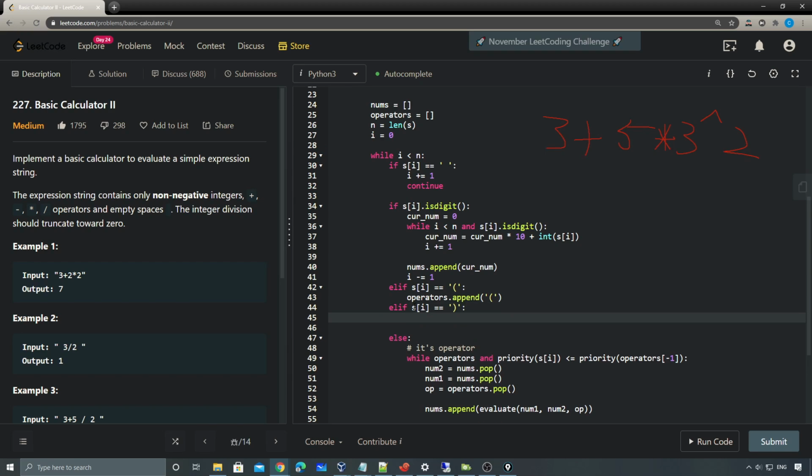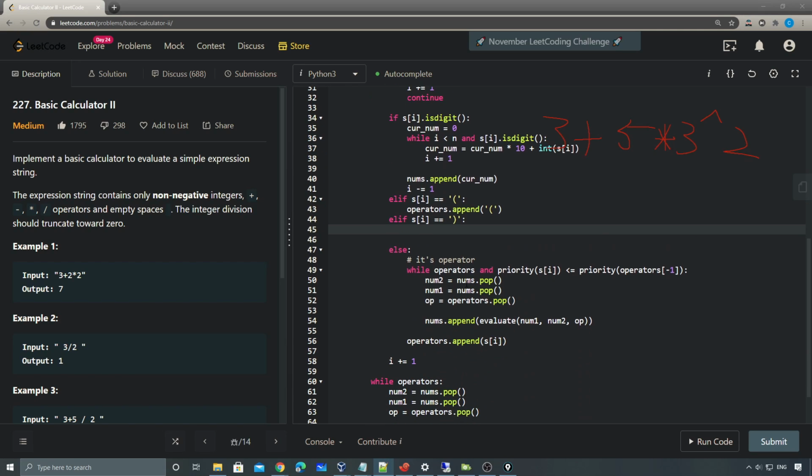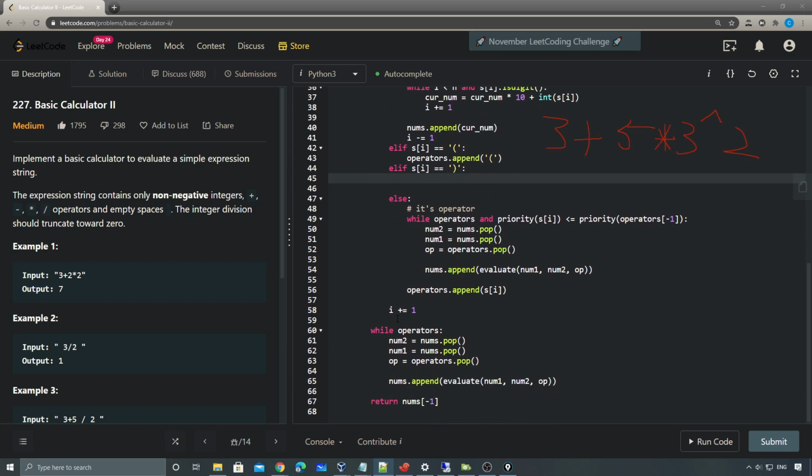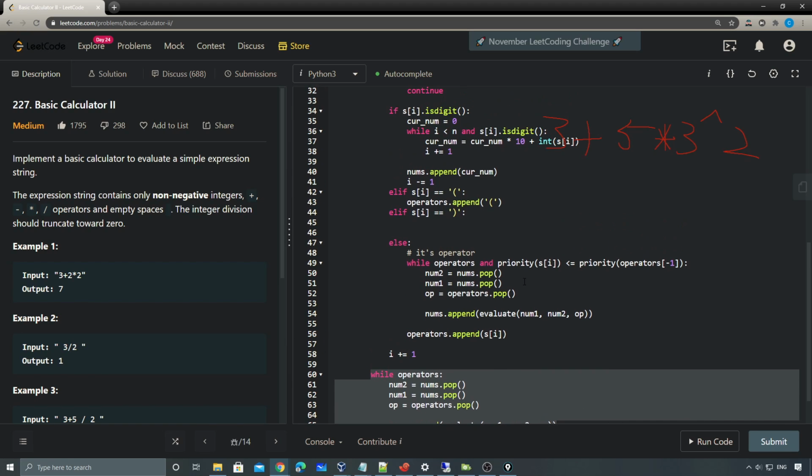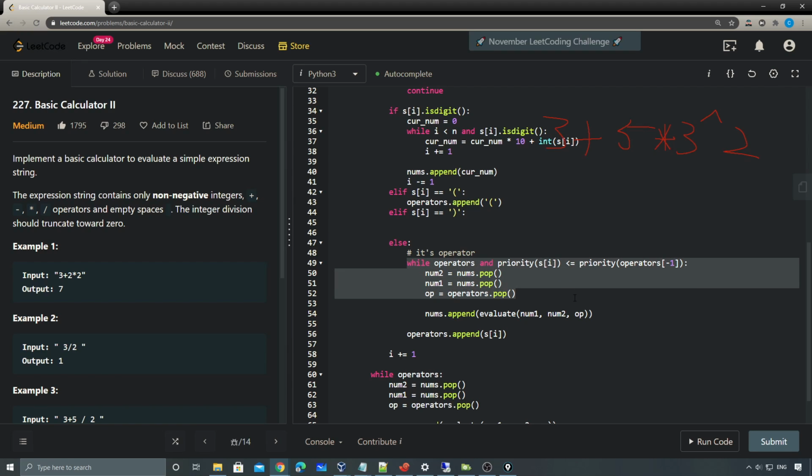So when this happens, what should we do? Keep in mind it's going to be similar to our final while loop, because all the priority related calculations have been taken care of in this while loop here.